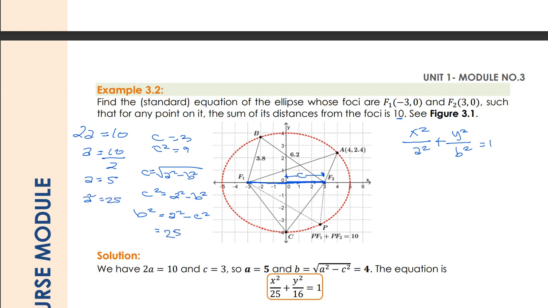So 25 minus 9, so b squared is equal to 16.